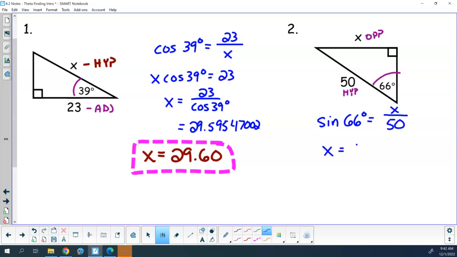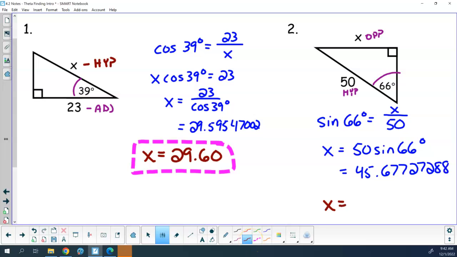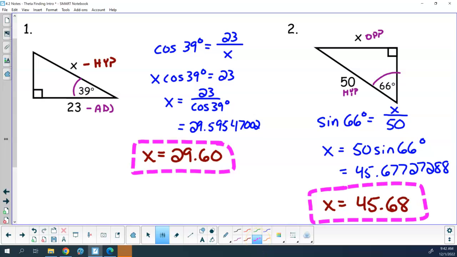So x here would equal 50 times the sine of 66 degrees, which I get is 45.677272888. So I would say here that x is equal to 45.6. Good.